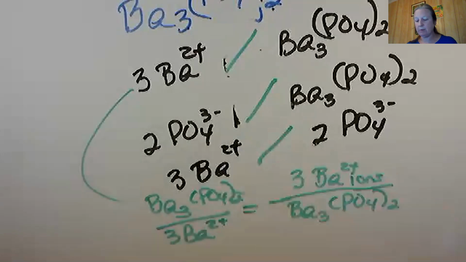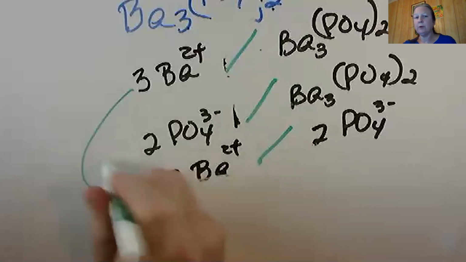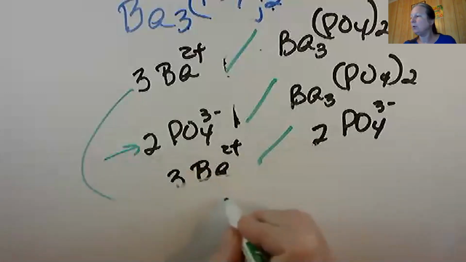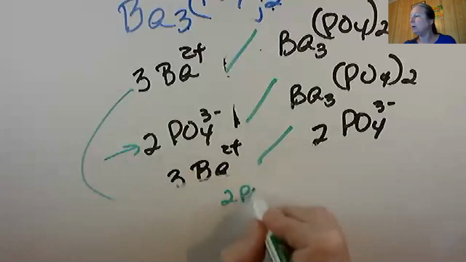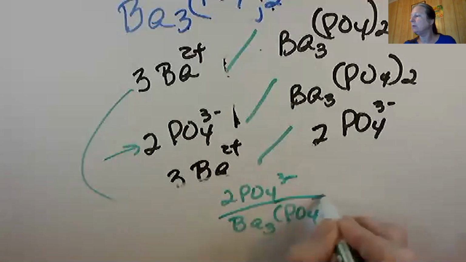You can do the same thing with the other 2. So this relationship, we simply write the phosphate ion on top and the compound on the bottom. Or you can reverse it. That's your relationship.